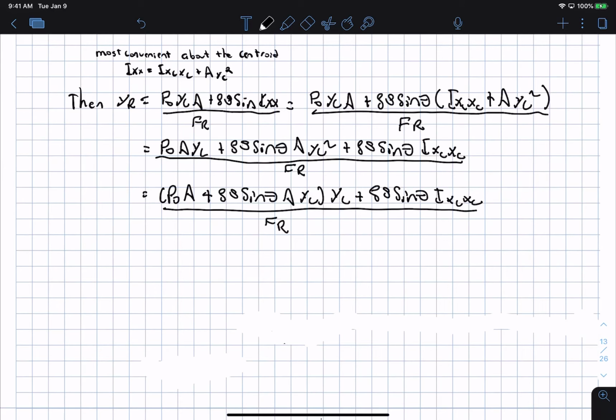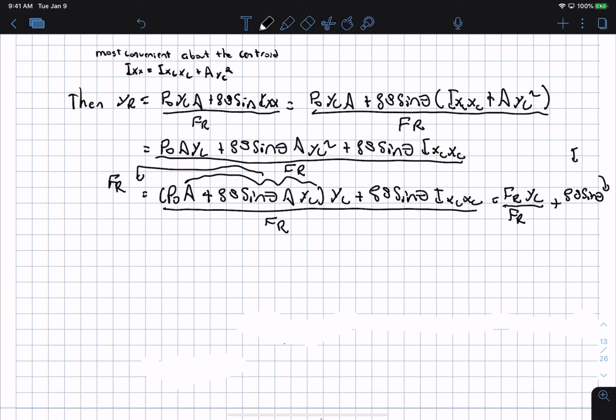And the reason that I left this in terms of the resultant force is because of a nice simplification: this term here is nothing more than the resultant force. And so this equals the resultant force times yc divided by the resultant force plus rho g sine theta times IXC over the resultant force.